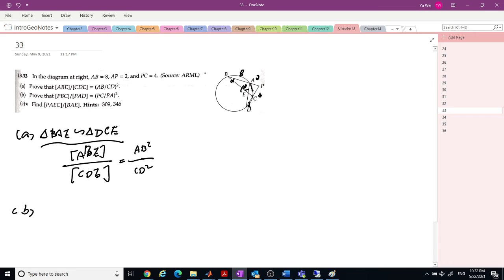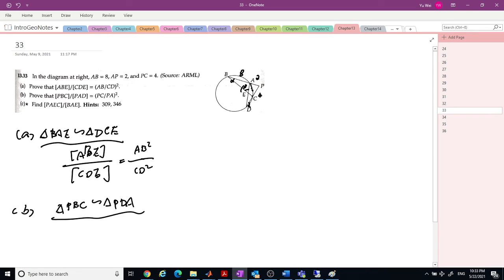Prove that the area of PBC over PAD. Okay, so we want to prove the triangle PBC is similar to triangle PDA.